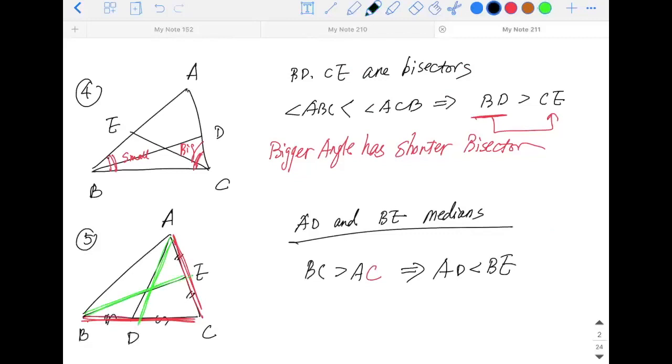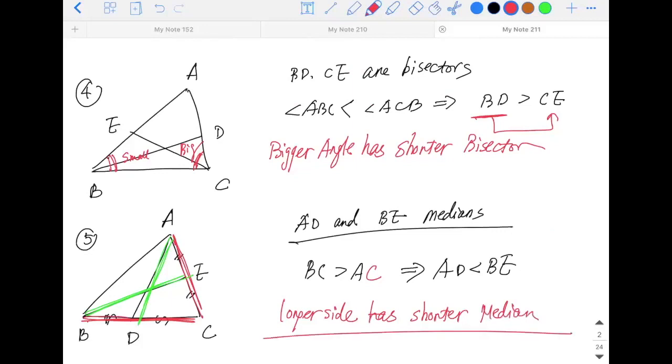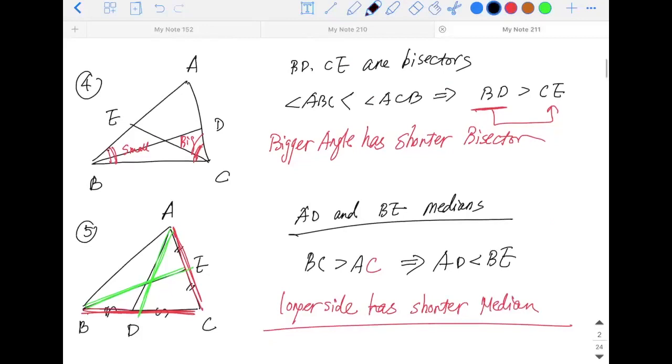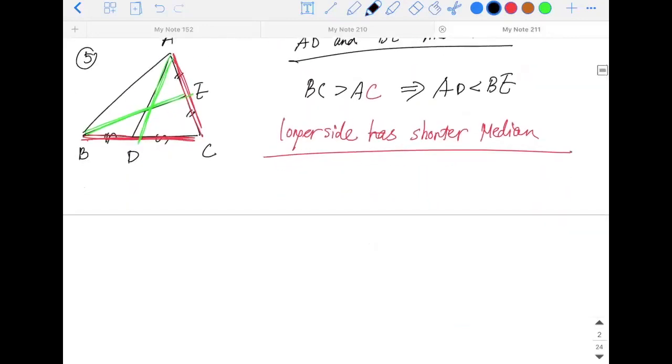That means again, the longer side must have a shorter median. Is it right? A longer side must have a shorter median. This is pretty much the same thing as a bigger angle must have a shorter bisector. So these two properties are very comparable. You're going to use them from time to time. Okay, this is number 5. I think these are quite intuitive, right?